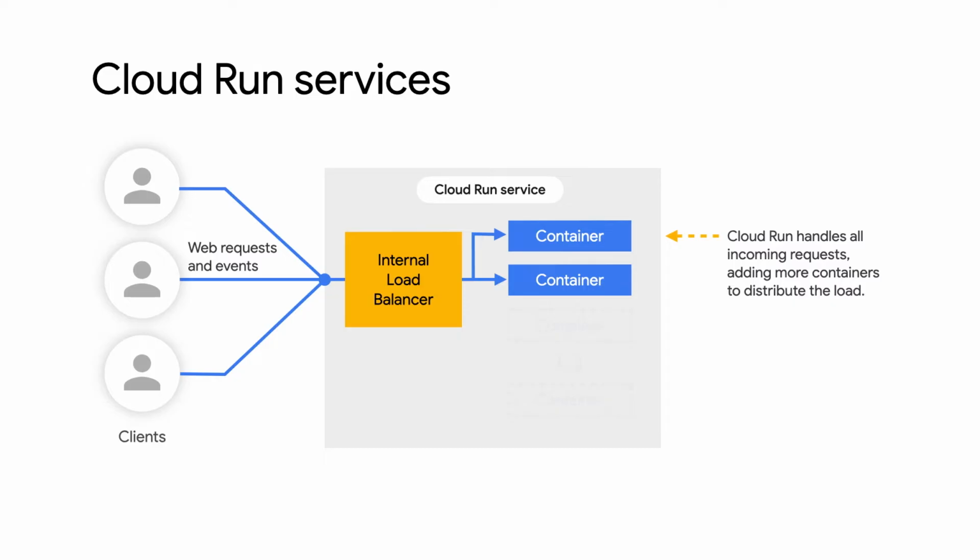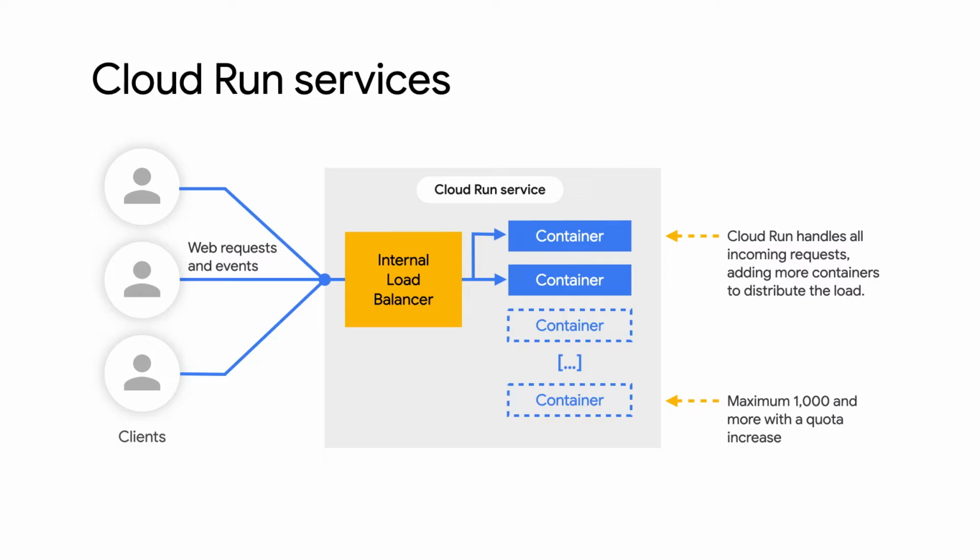If all containers are busy, Cloud Run adds additional containers to the service. As soon as the demand decreases again, Cloud Run stops sending traffic to some containers and shuts them down. The number of container instances in a Cloud Run service is limited to 1,000 instances by default. If you need even more, you can submit a request for a quota increase.